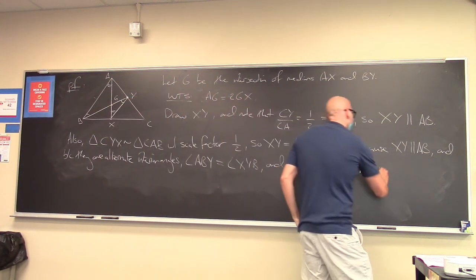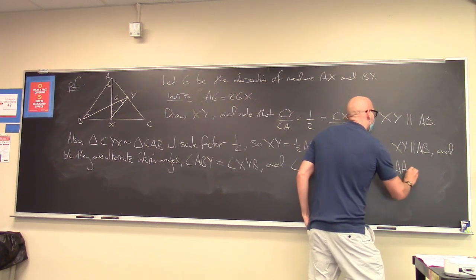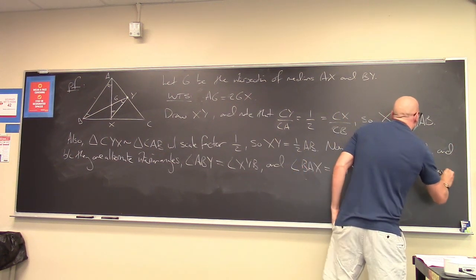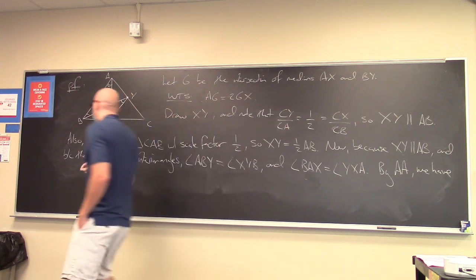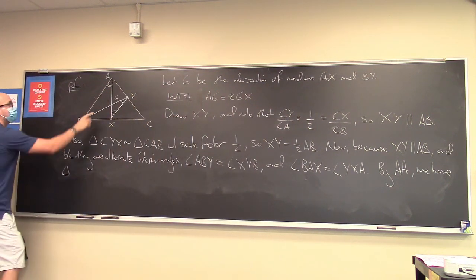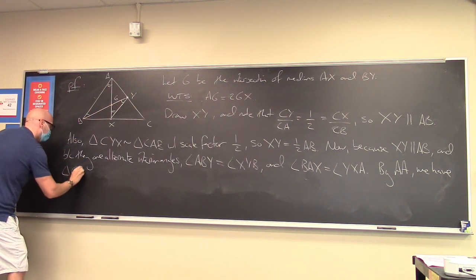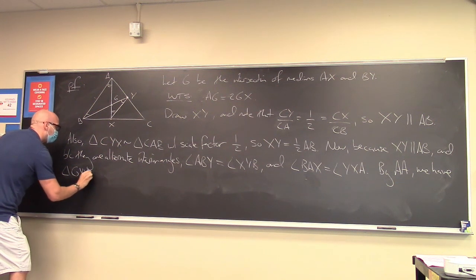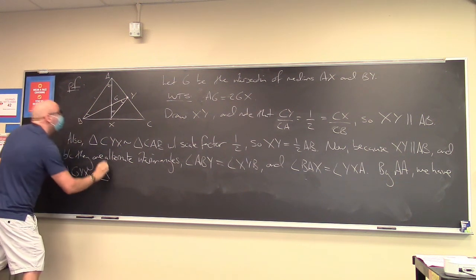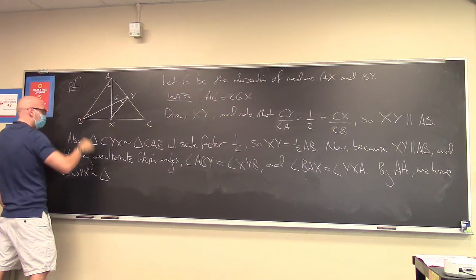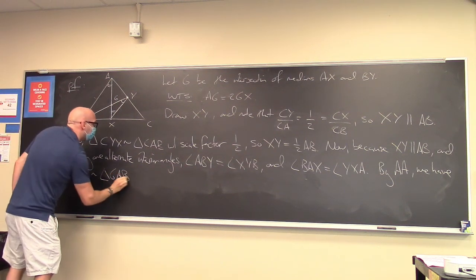So by AA, we have that triangle GYX is similar to triangle GAB. Getting the order there right.